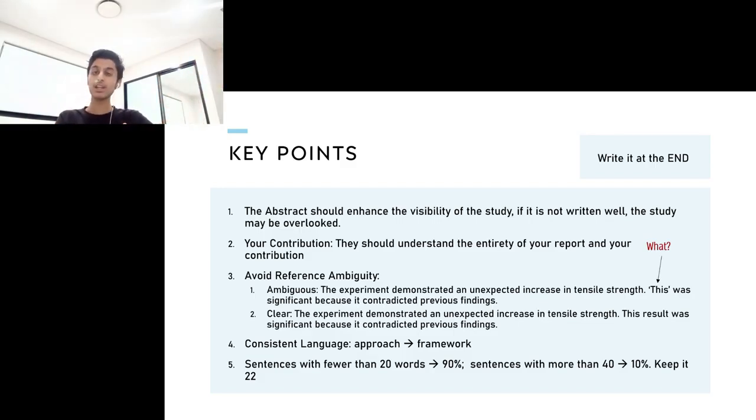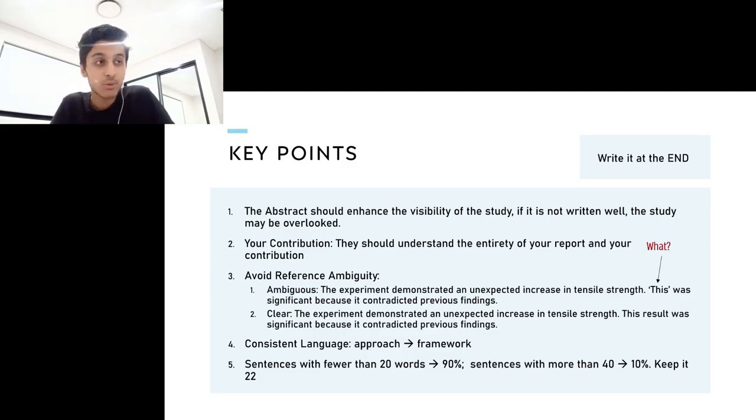Okay. Now, since the abstract is really short and it summarizes your entire paper, the fifth point, you're going to tend to use longer sentences to make sure that you're fitting enough information. But here's the thing: sentences with fewer than 20 words, so small sentences, are understood by 90% of the audience.